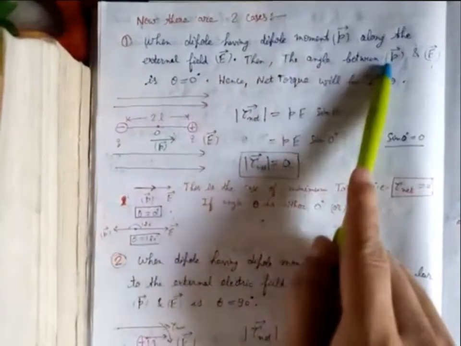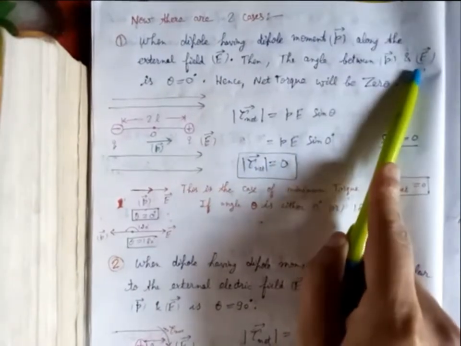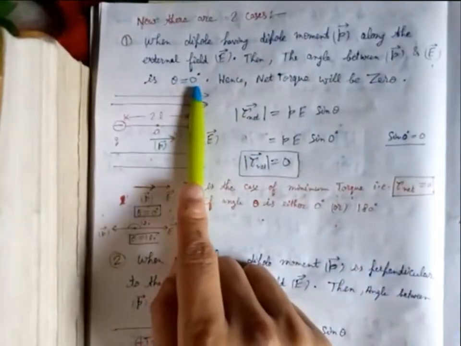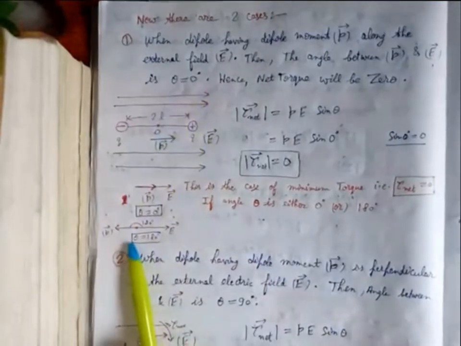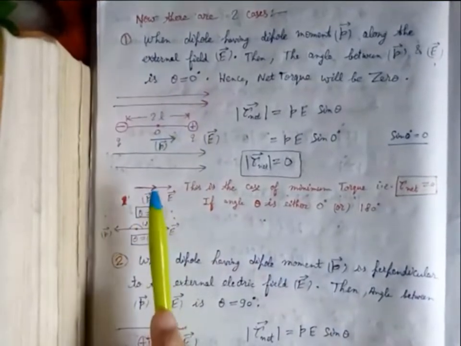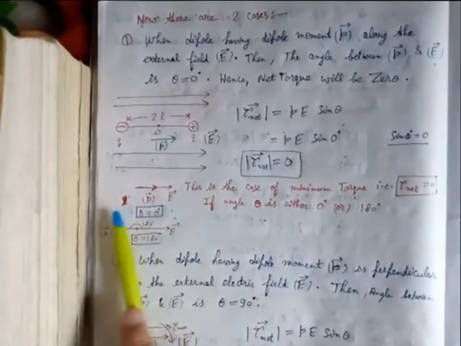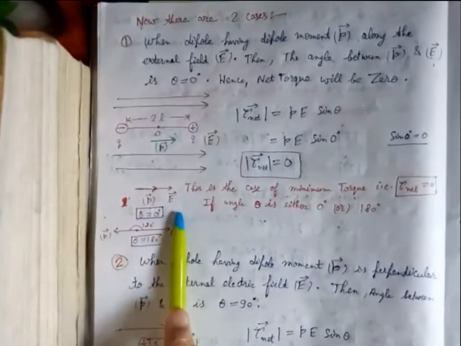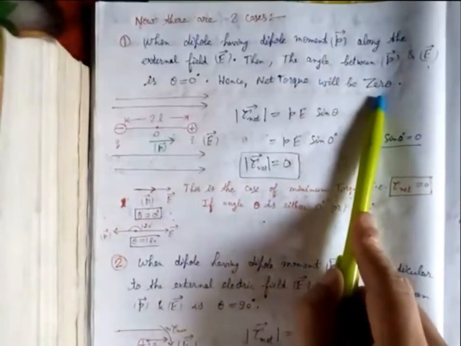It means the angle between the P vector, the dipole moment vector, and the electric field vector is 0 degree or 180 degree. It means the dipole moment vector and electric field vector are parallel or anti-parallel with respect to each other. Then the net torque will be 0.